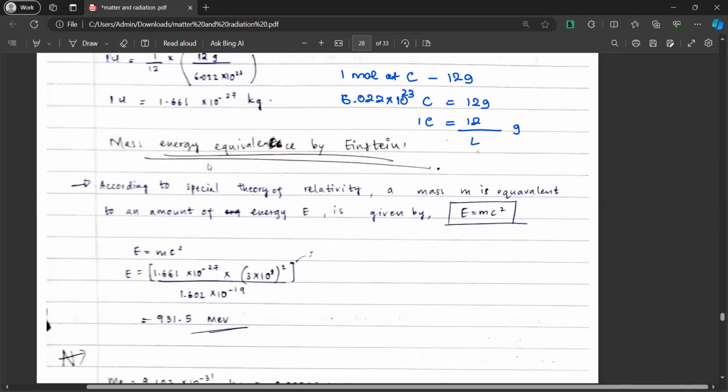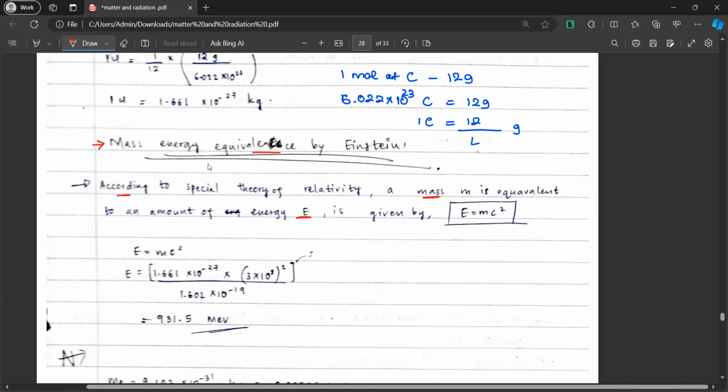So from there, up to what we discussed now, all of them were the basics and you already know them. And now we are going to start something new that you were not aware of before. So that's mass energy equivalence by Einstein. According to Einstein, mass is equivalent to a certain amount of energy.